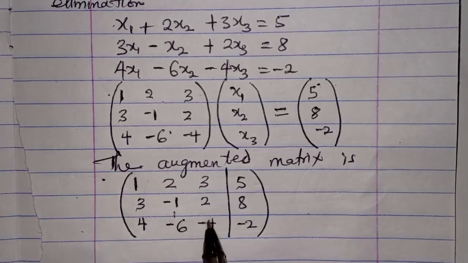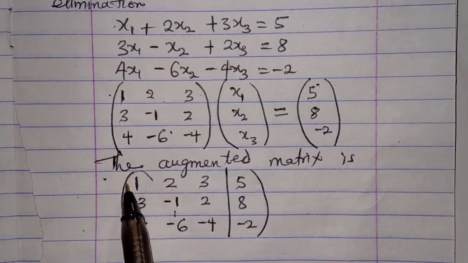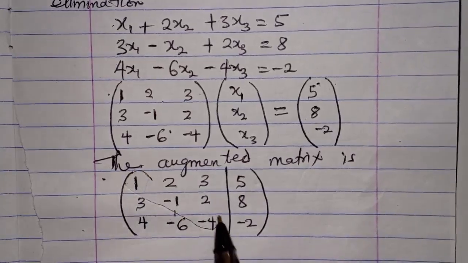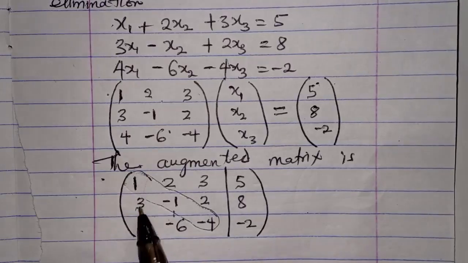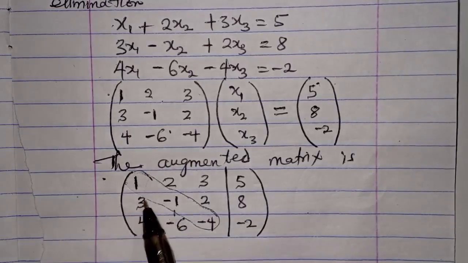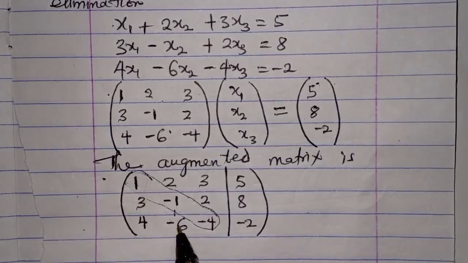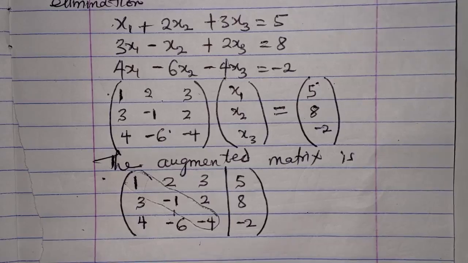The goal is to make all the elements on the principal diagonal 1 and all other elements below it 0. That means we are going to form an upper triangular matrix. In an upper triangular matrix, all the elements below the principal diagonal are 0.